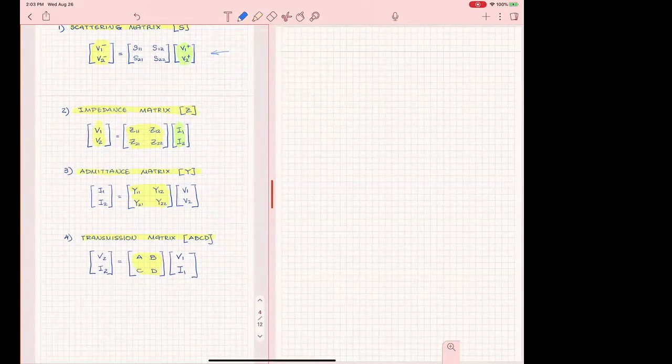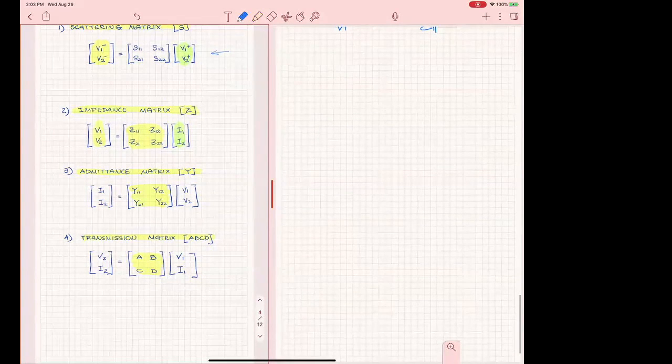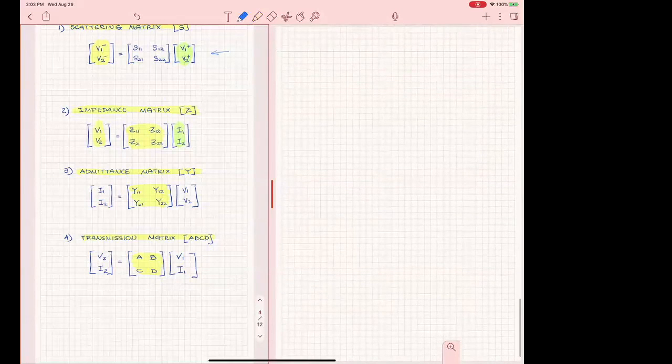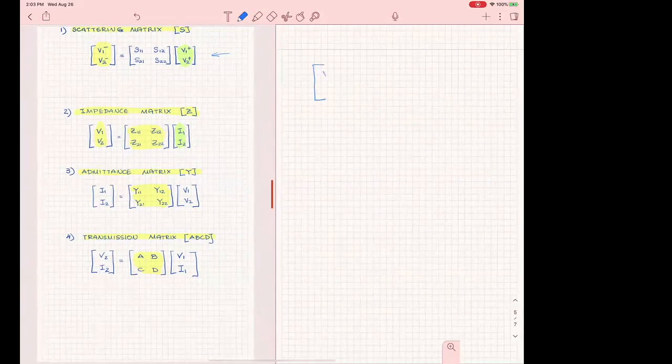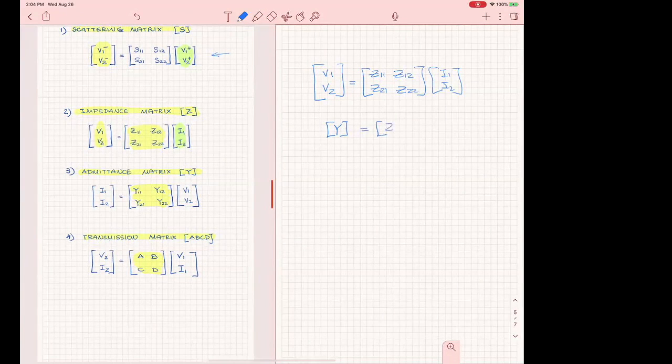So V1, V2 equals Z11, Z12, Z21, and Z22 times the currents. Using this relationship and the one with an admittance matrix, it shows that your admittance matrix is nothing else than the inverse of the impedance matrix.